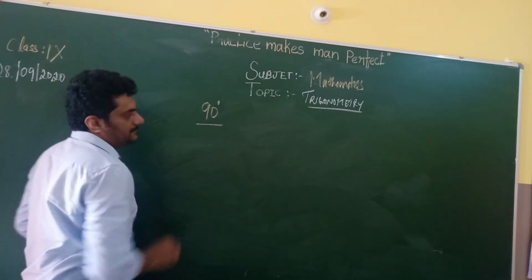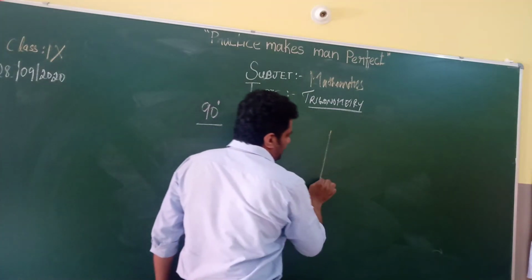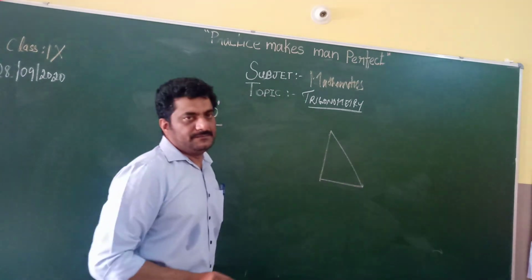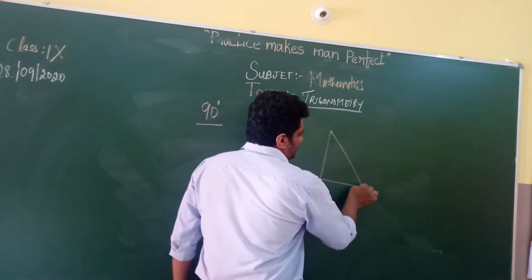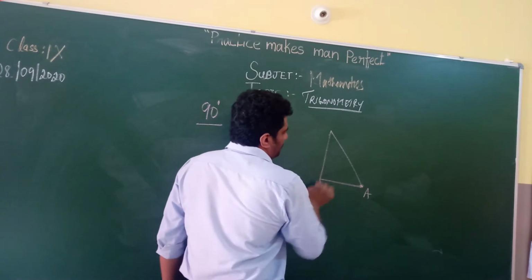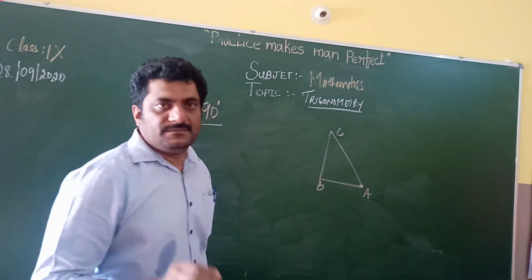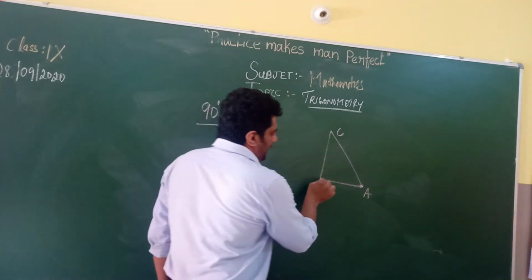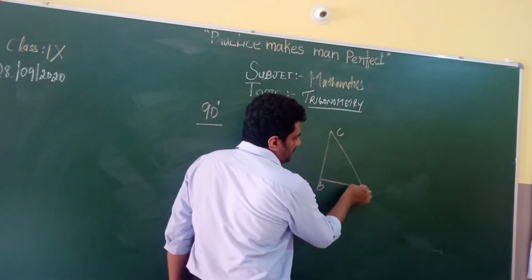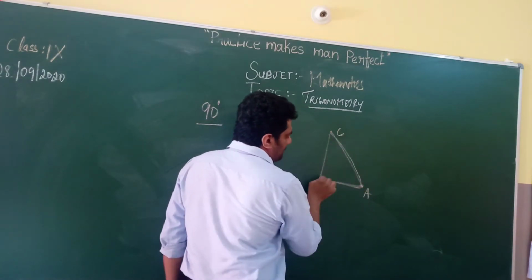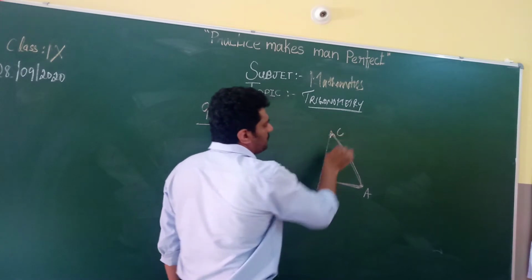90 degrees. Now if I have a right angle triangle like this, okay? This is A, B, C. Then the angle comes here, right? Whenever it is 90, that means this AB will be equal to BC.